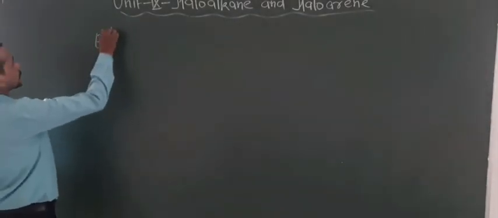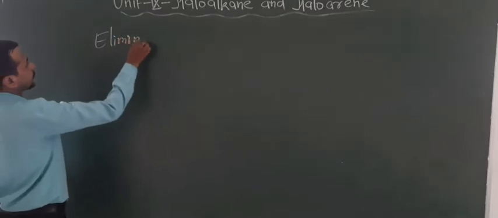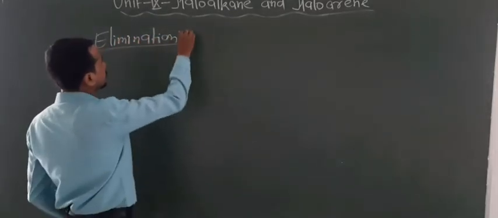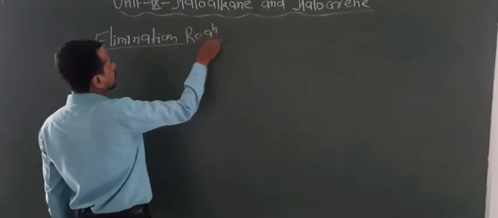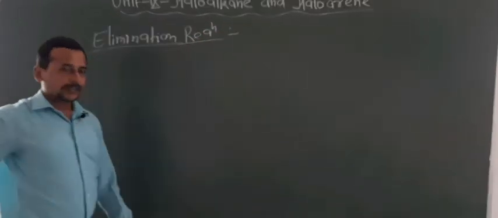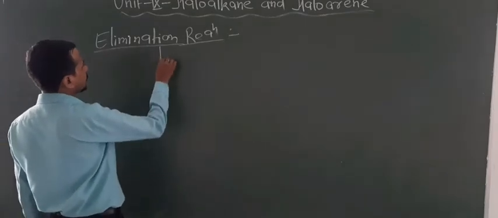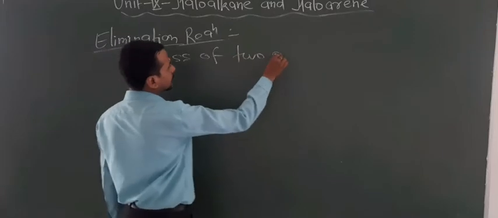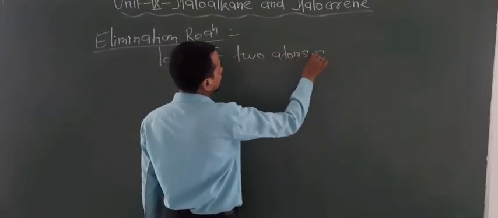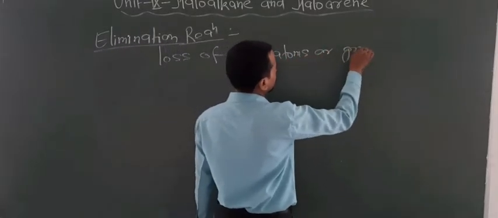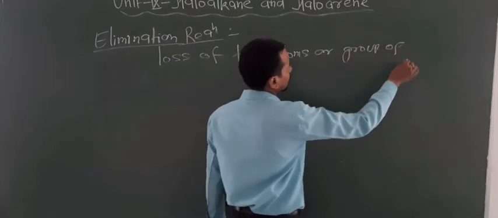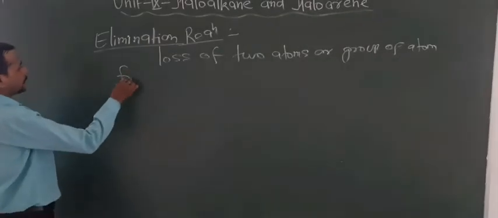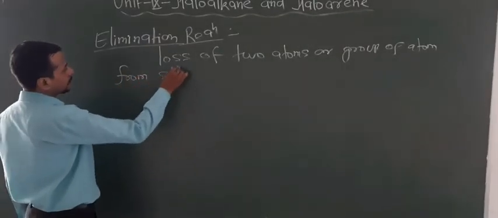So look at here about the elimination reaction. This is also a very important reaction. Elimination reaction. Now dear students, what happened basically? Loss of two atoms or group of atoms from substrate molecule.